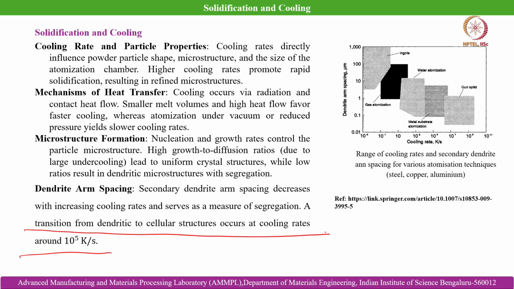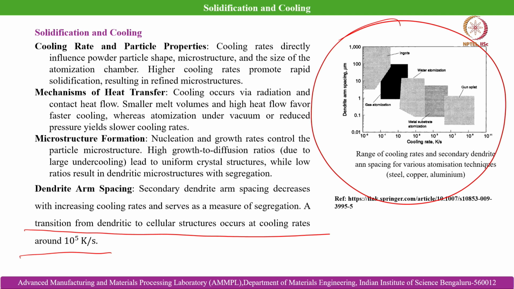atomization based powder production. So this is the schematic comparing the cooling rate versus dendrite arm spacing in the powder particles. You can see the cooling rate is much higher in water atomization than in gas atomization, and subsequently we achieve finer microstructure of the powder particles in the water atomized powders, which then impacts the microstructure after sintering in the densified part.